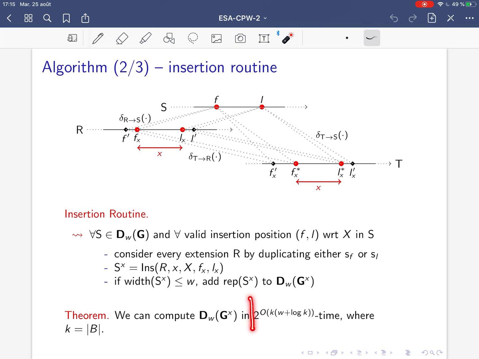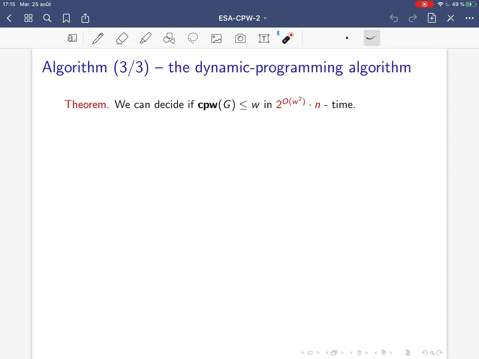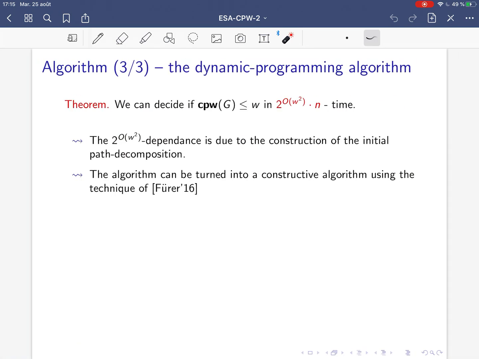And again, you can perform this insertion in FPT time with respect to K and W, where W is the expected width and K is the size of the boundary set B. So all in all, we obtain an FPT algorithm running in O to the W square times n, and we may remark that the quadratic dependence in the exponent here is only due to the construction of the initial path decomposition.